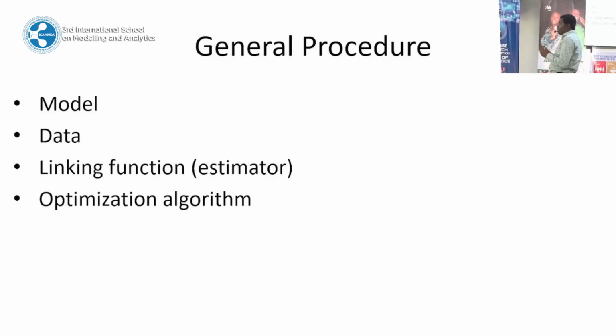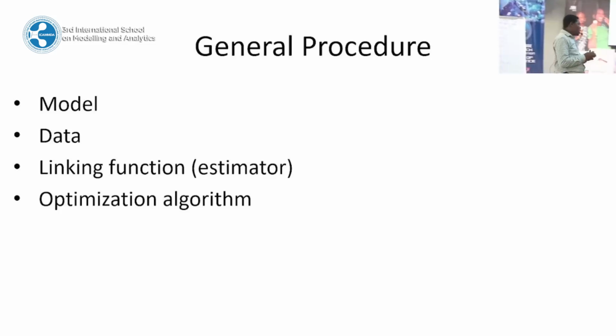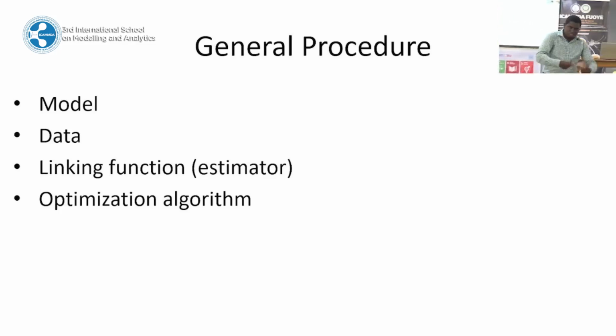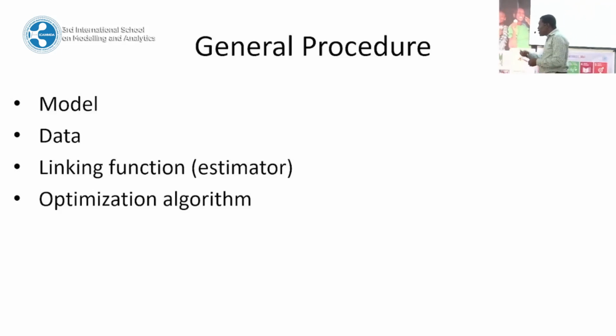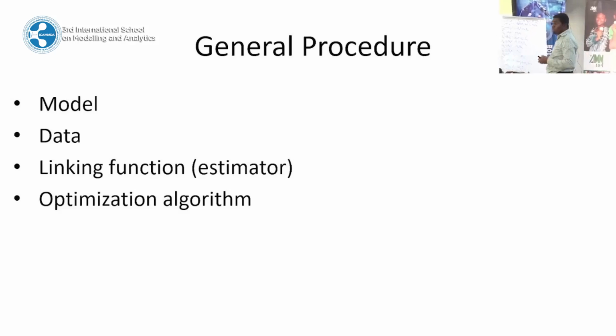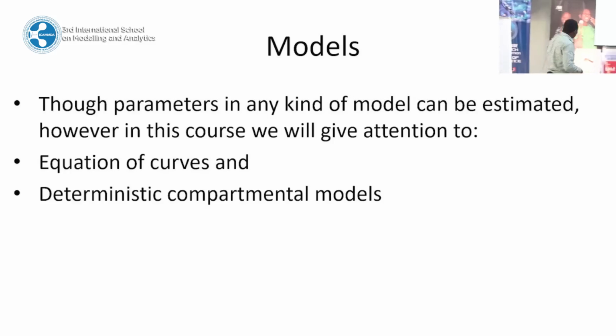Are we together? Which you call the estimator. Is that okay? So when we have been able to bring the model and the data together, then we define an optimization algorithm that helps us find the parameter values that best suit the data, such that the model fits the data closely. Is that okay? All right.